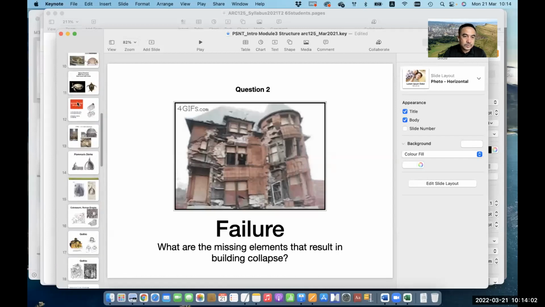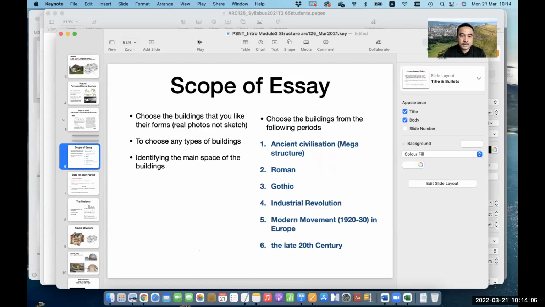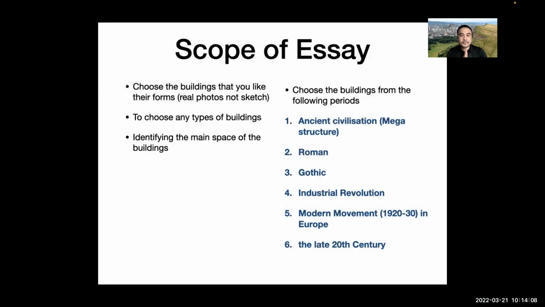Now, let's go back to our work. The scope of the essay: I want you to choose a building that you like, in any form, any type of building. But the key is I want you to look at each period from the ancient civilizations.